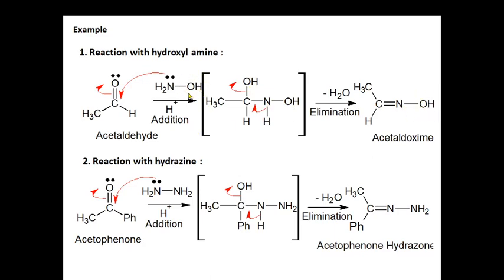This is the group G that we have seen in the previous slide. Acetaldehyde will give you acetaldoxime. If you take acetone here, you will get the oxime of acetone.